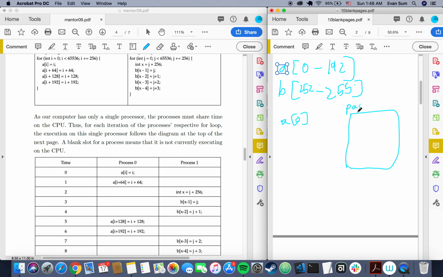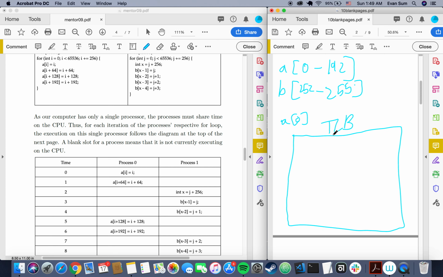page table, our TLB, has a total of 4 entries. There's also a whole bunch of bits here, but I'm not going to worry about those. Actually, no, we do need to worry about those. Let me redraw this so that it's a little bit bigger.